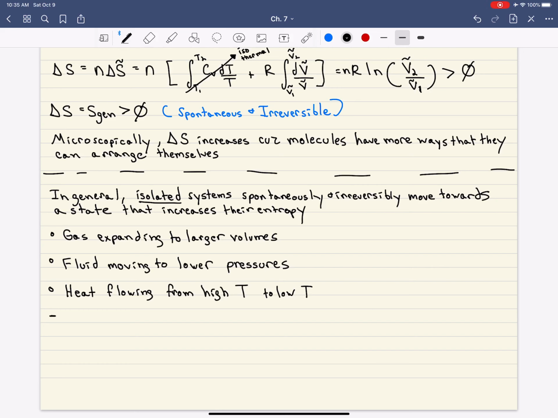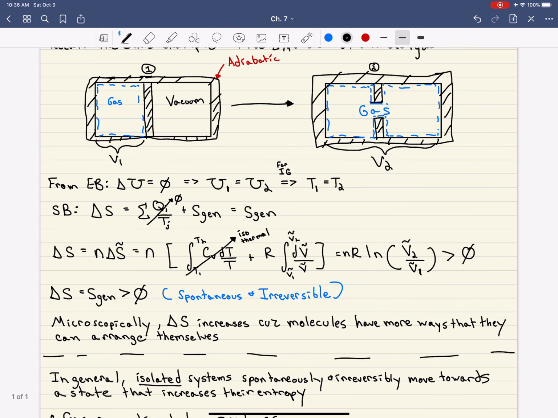But eventually, if we wait long enough, so if we wait an infinite amount of time, we'll see that these systems will stop evolving. With a free expansion, eventually the gas moves and fills up the entire vessel. And once it does that, then that's it.